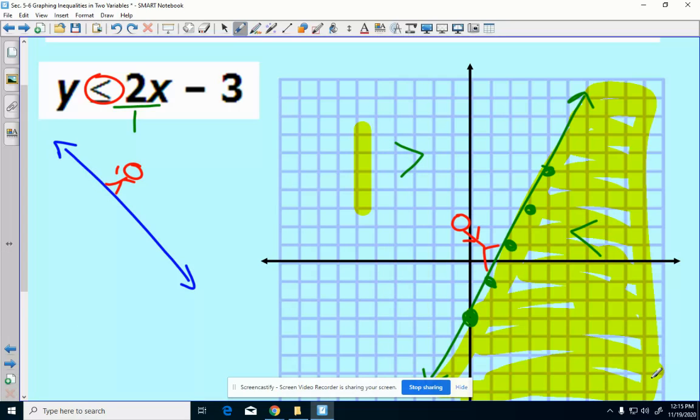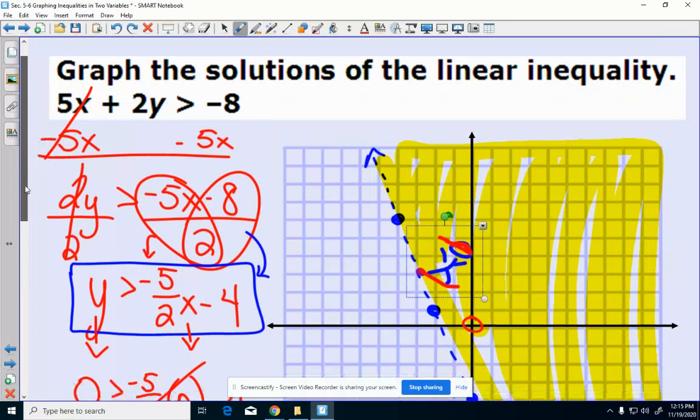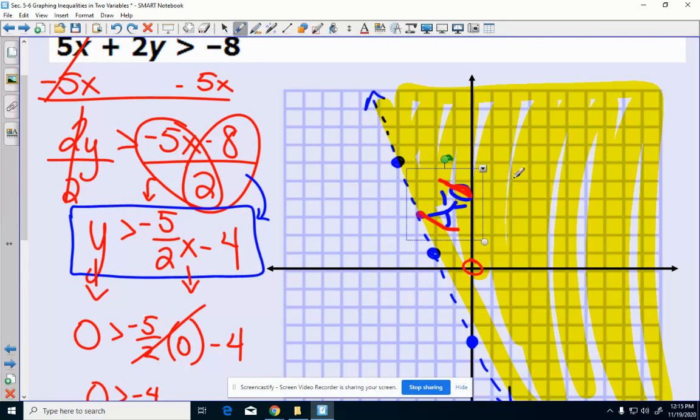The question said we wanted the less than side, so that's why I'm shading that side over there. Here, same thing. If he's over there, that's the greater than, this is the less than, but the problem says I want the greater than side. So in that case, I'm shading towards him over there. That's all it means.